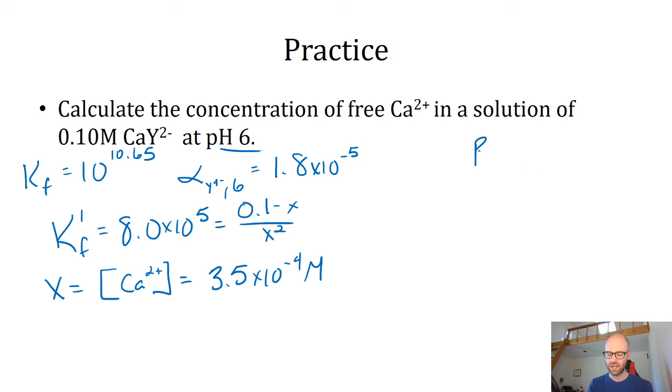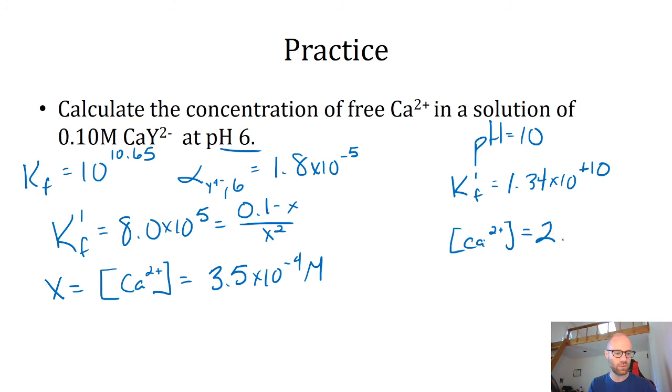At a pH of 10, I have a point I need to make with this because we now have something to make a comparison. K prime F was equal to 1.34 times 10 to the positive 10th, and calcium was equal to 2.7 times 10 to the negative 6th molar.